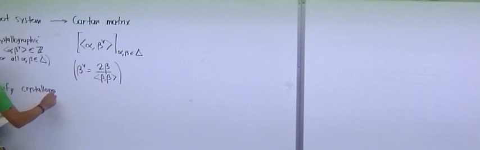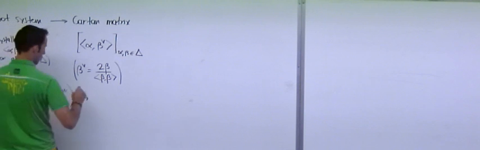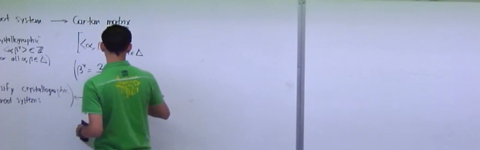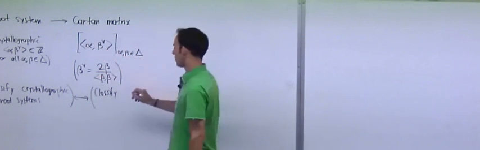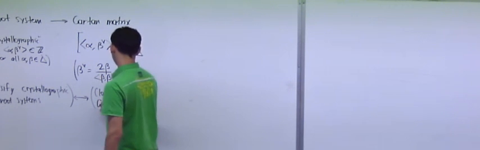And so then, if I want to classify crystallographic root systems, that's going to be basically the same thing as classifying Cartan matrices which are made of integers. So integer Cartan matrices.